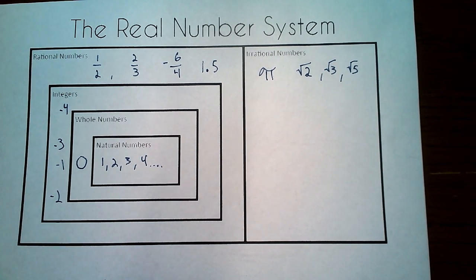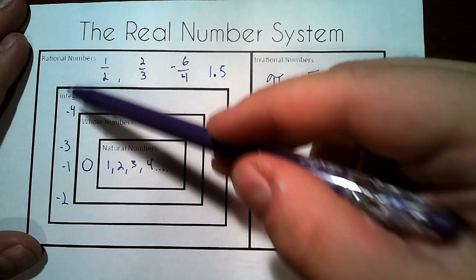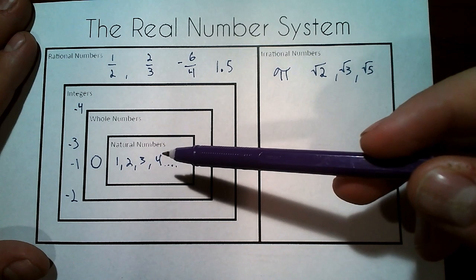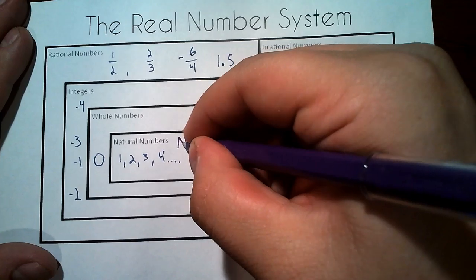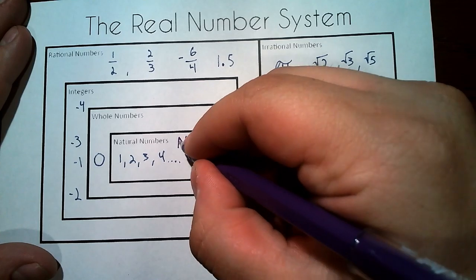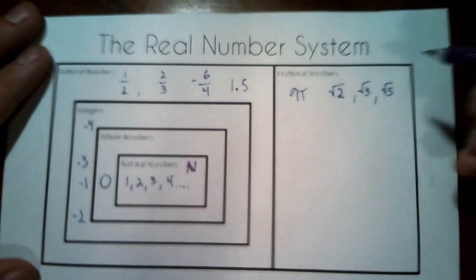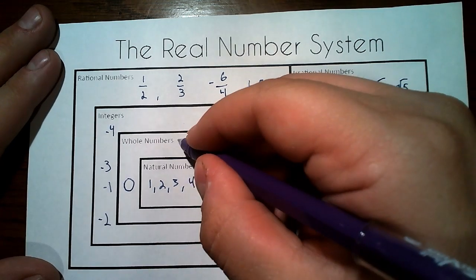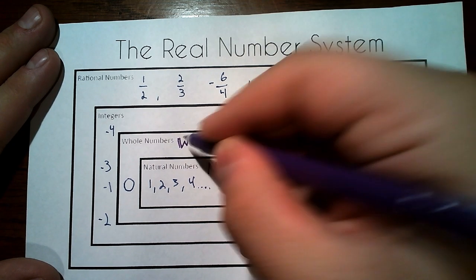Okay. And I also want to show you a way we represent these different types of numbers. So in math, when we're talking about the natural numbers, we often use this symbol, and it's an N for natural, but that N has an extra line in the middle. Whole numbers are sometimes represented with a W that has an extra line on the side.